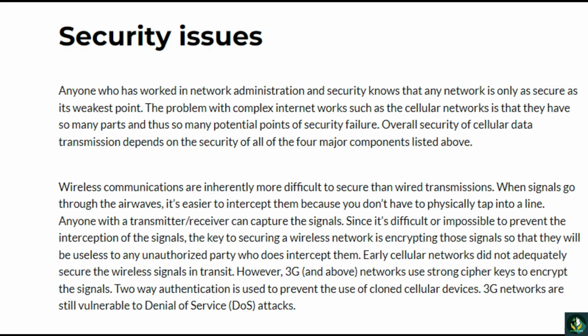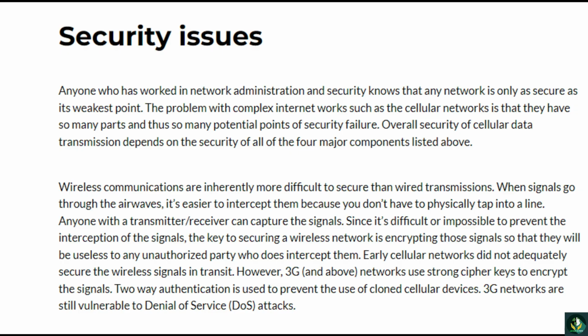The problem with complex internetworks such as the cellular networks is that they have so many parts and thus so many potential points of security failure. Overall, security of cellular data transmission depends on the security of all of the four major components listed above.